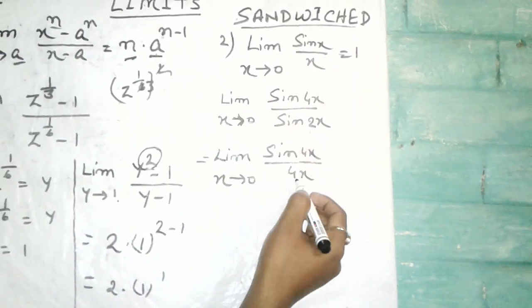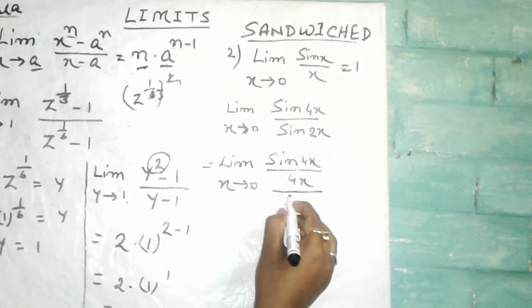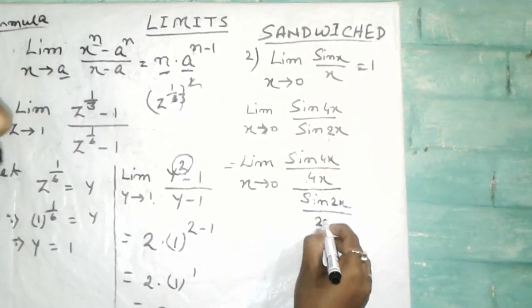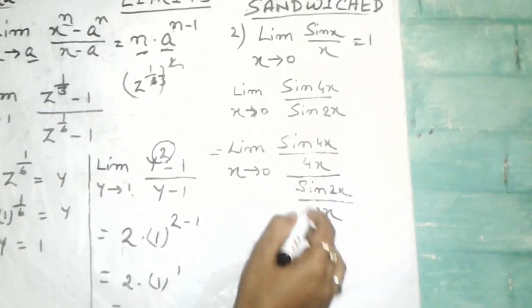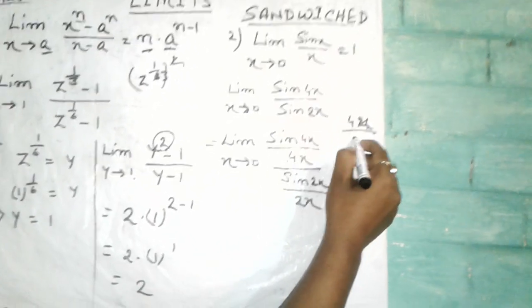So if here 4x is there, here it will be 4x. Similarly here sin 2x is there, so at the bottom there should be 2x.